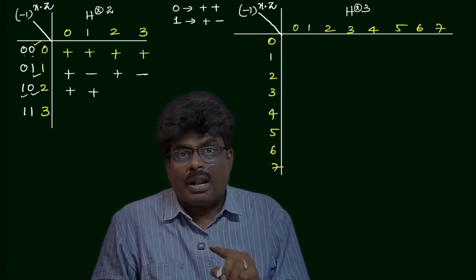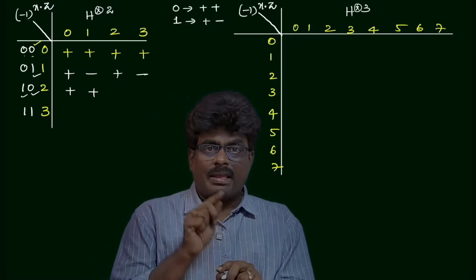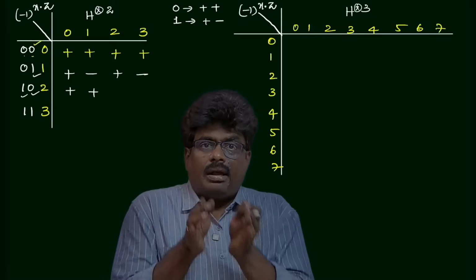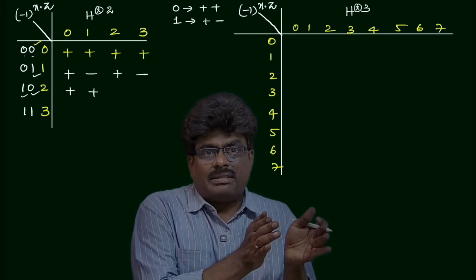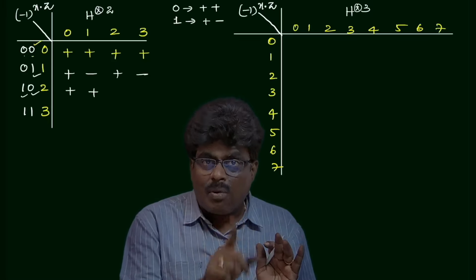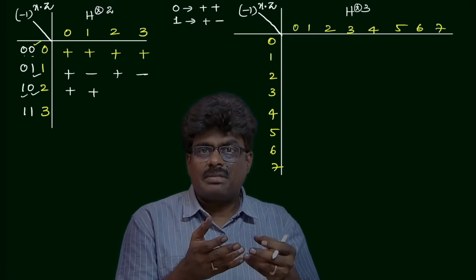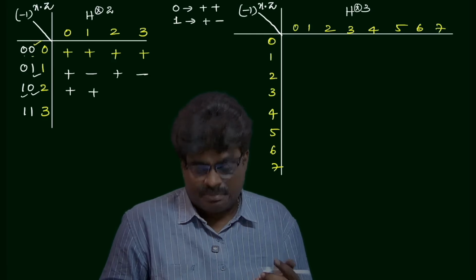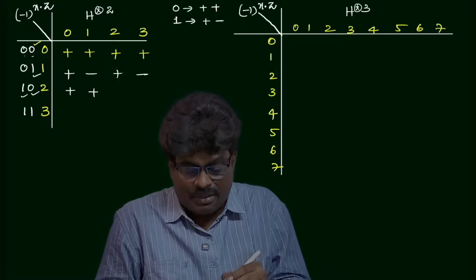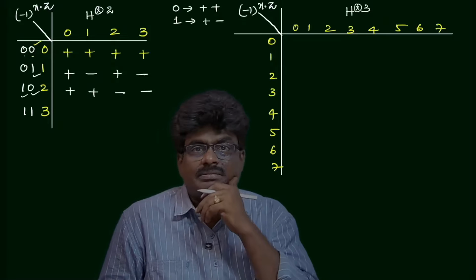The next one is 1. Wait. If you get 0, repeat the earlier signs as they are, no change. If you get 1, multiply all the signs with minus. That means an extra minus will be there. Here plus plus, if you multiply with minus, becomes minus minus.